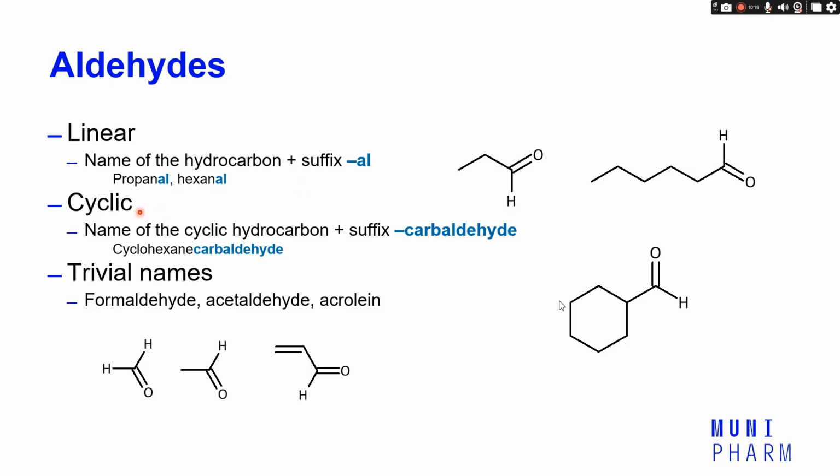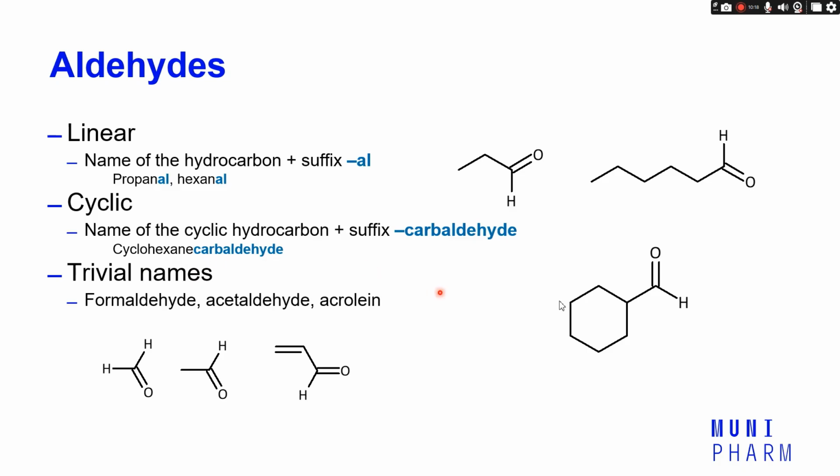In the case of cyclic derivatives, it means that the aldehyde group is directly bonded to some cyclic hydrocarbon. We, in this case, use the name of the cyclic hydrocarbon and suffix carbaldehyde. It means that this compound with the cyclohexane ring is called cyclohexane carbaldehyde.